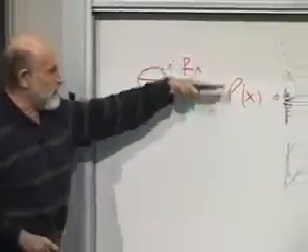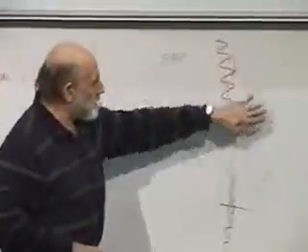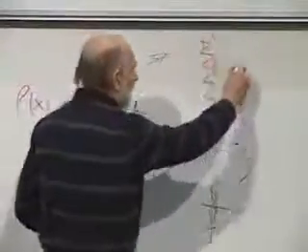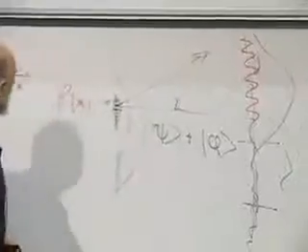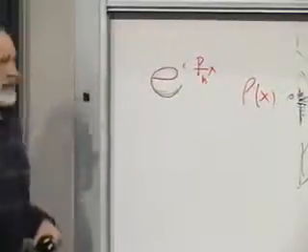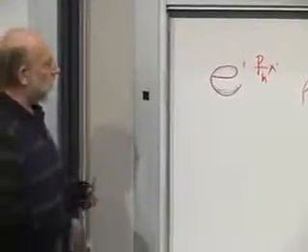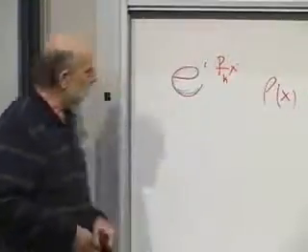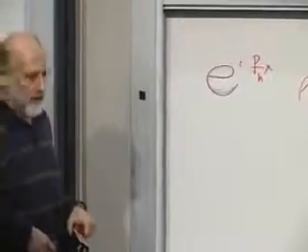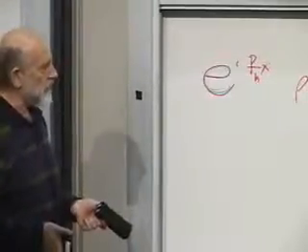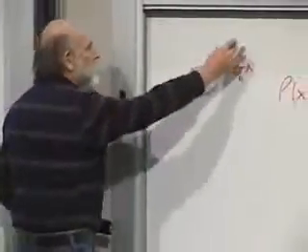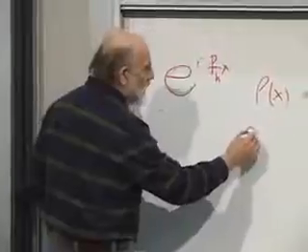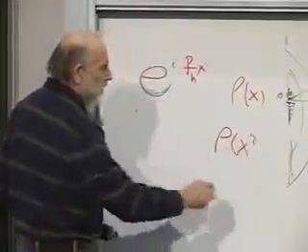This rho of x is a smooth function which doesn't vary very much over the range here. Now what happens if we multiply this by its complex conjugate? This is a real function, this is real. Here's where the imaginary parts come. If we multiply this by its complex conjugate, then this goes away and we just get rho of x squared.